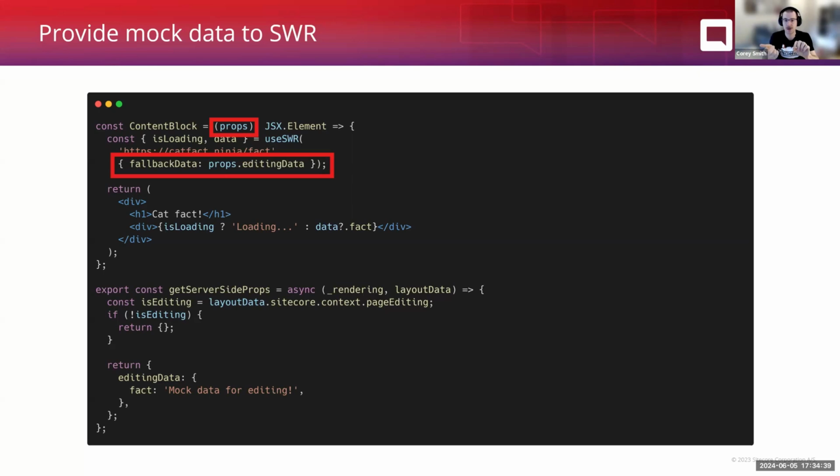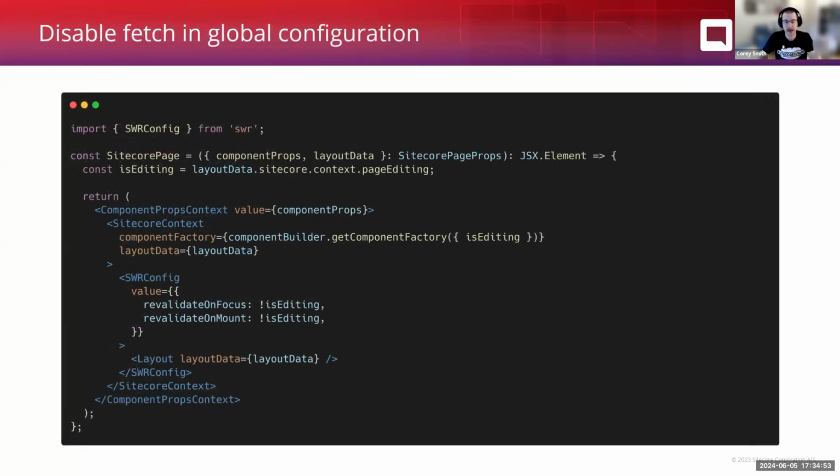Once that API call finishes, it's still going to refresh your component and get the real data. So the next step is we've got to turn off those API calls. SWR makes that pretty easy too. The way that you do that is you would go to your page, for example your Sitecore page, and declare an SWR config element like this.